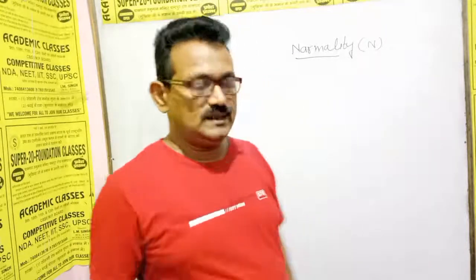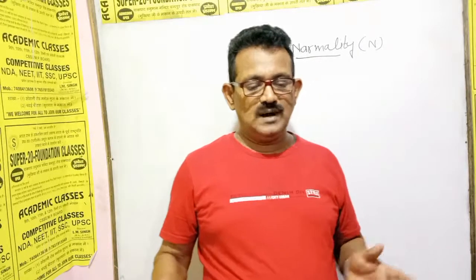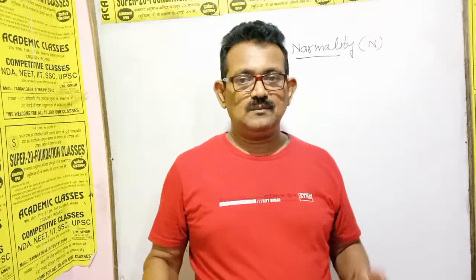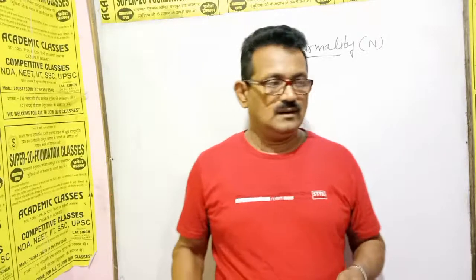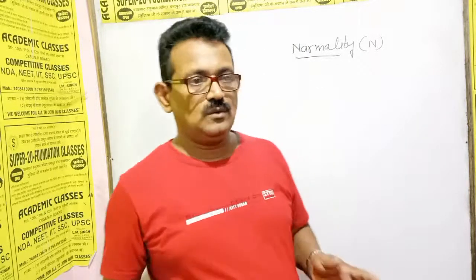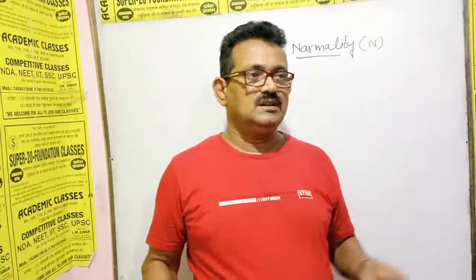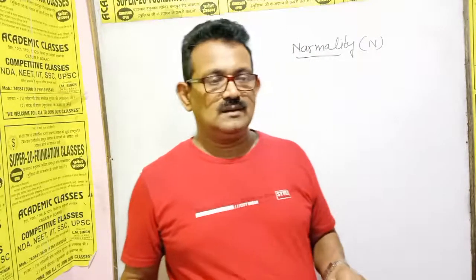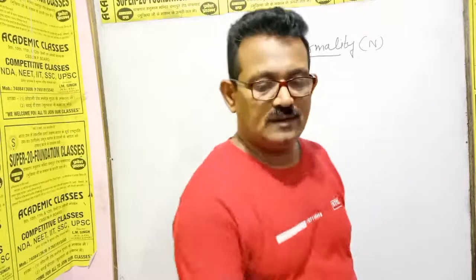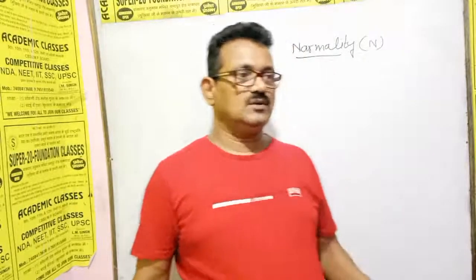Normality means the gram equivalent weight dissolved in 1 liter of solution. Suppose you take 5 gram of solute, for example sodium hydroxide, and dissolve it in 1 liter of solution, then this is known as normality.